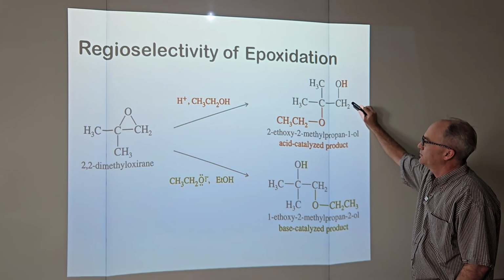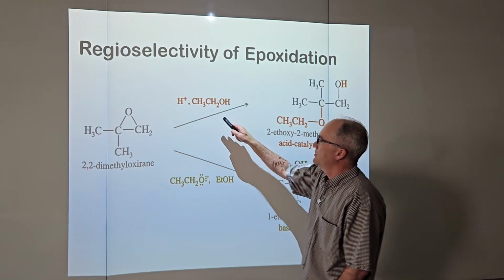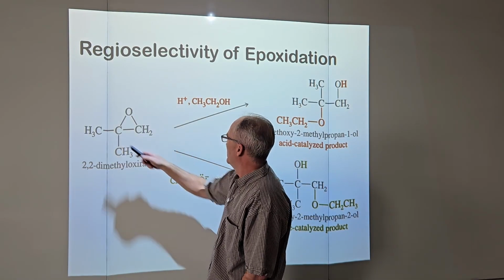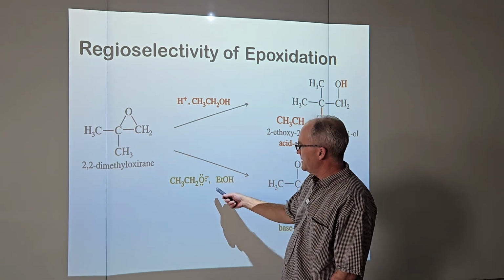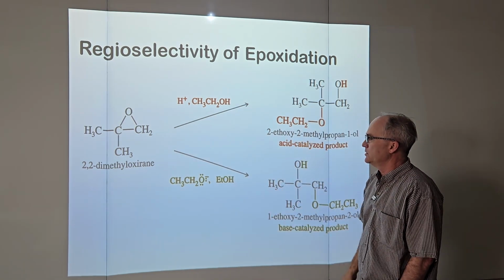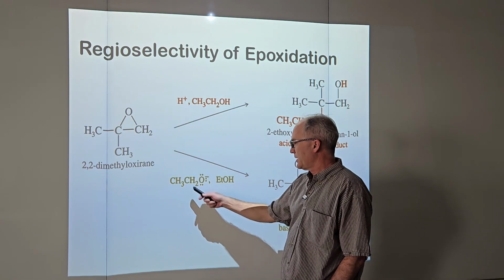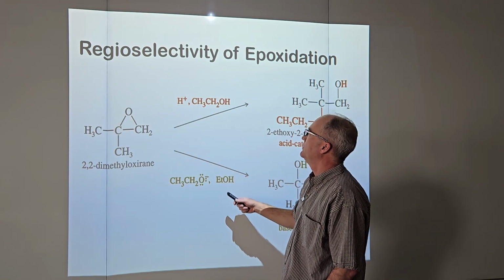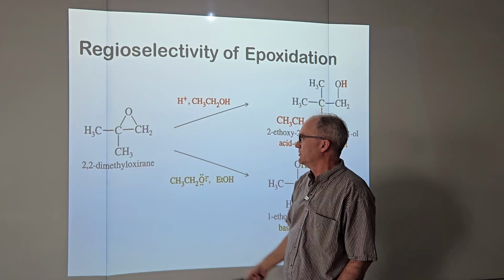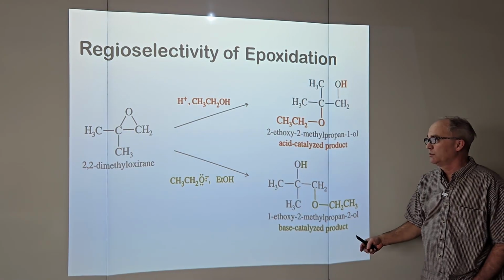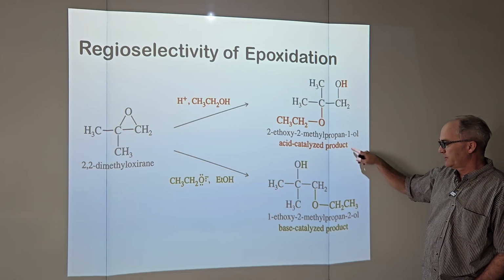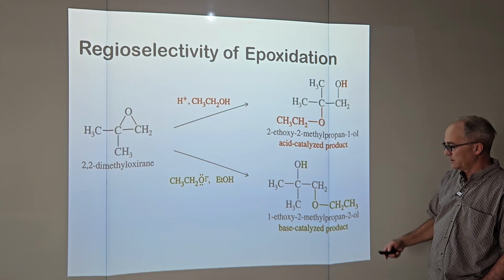And here's the product, and we can see that this alcohol group hit right there, eventually protonated the OH. But here's about the same thing under base conditions. So here is ethoxide in some ethanol, here's acidic ethanol, and we see that it goes to this carbon. So we have control. Acid catalyzed to get one product, base catalyzed to get the other.